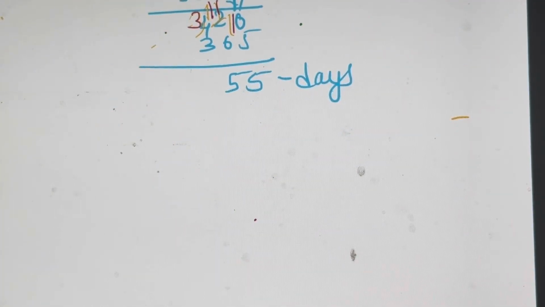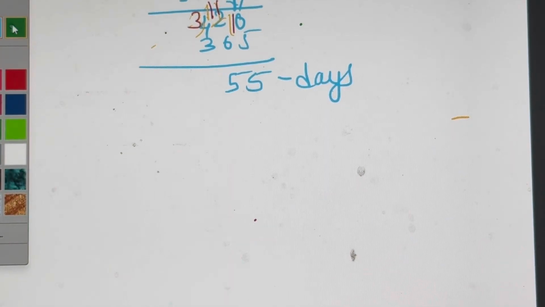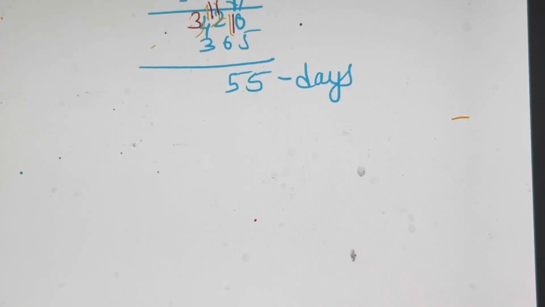So we have to go back. So suppose we consider today's date as 8th August. Whatever date you take, whenever you are doing this sum, you can start with that date.